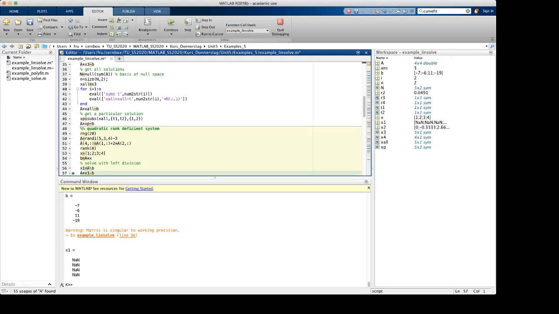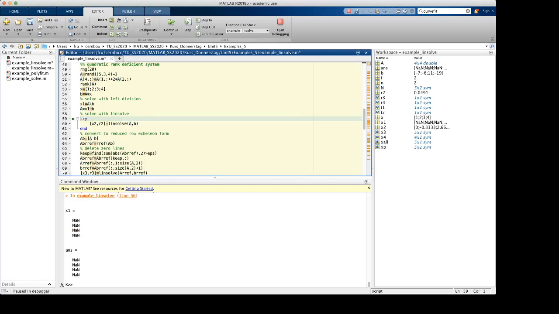This gives a warning that the matrix is singular, which is of course true, it's rank 3, and it returns not a number as the solution vector. If we now make the check, we get of course again not a number. So it's clear that this is not a valid solution.